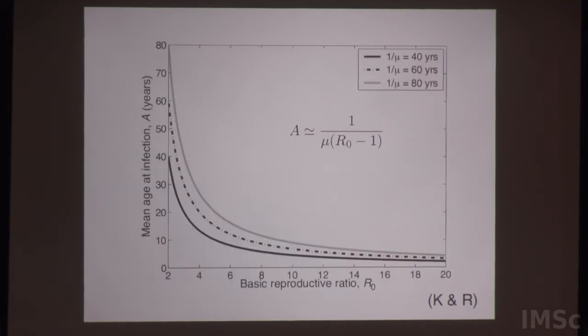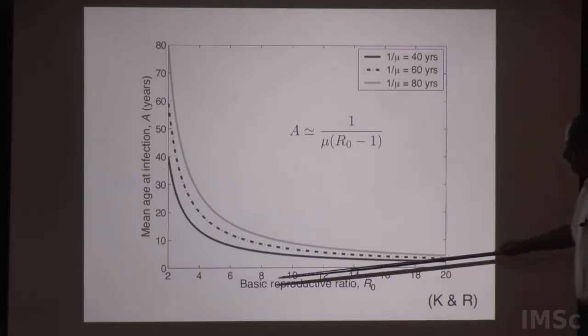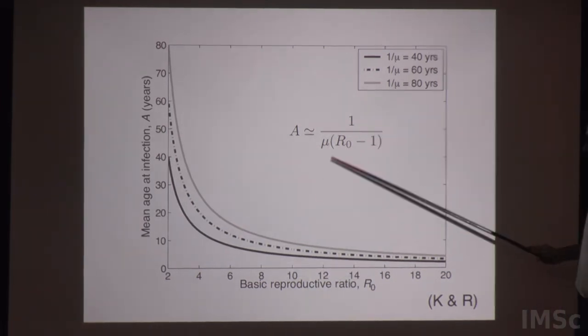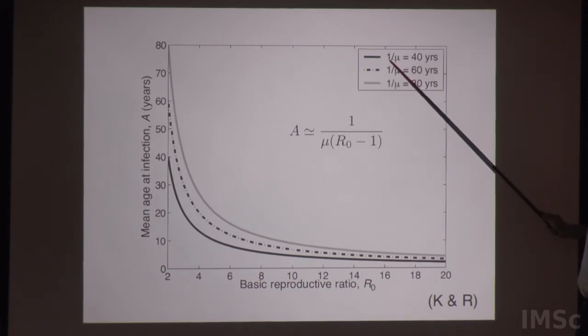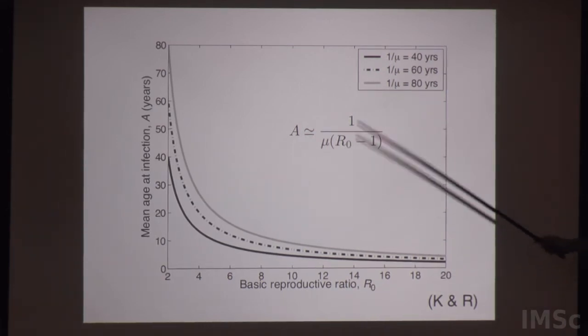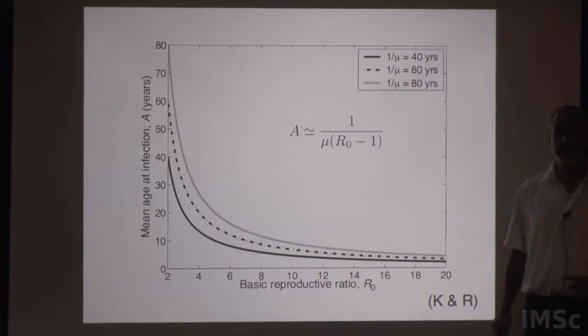I can just go back and plot this particular curve here, and here I plot the basic reproductive ratio. Here I plot the mean age at infection in terms of years, and for different values of 1 by mu, 40 years, 60 years, 80 years, which is your lifespan, this is what the curve actually looks like. Okay. So, mean age at infection, the interpretation is when do you first fall sick.